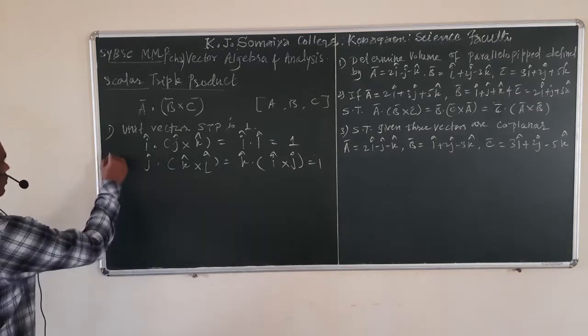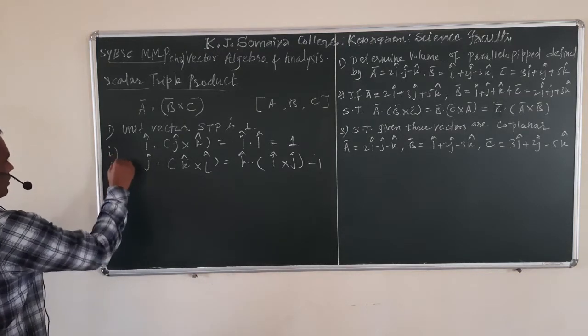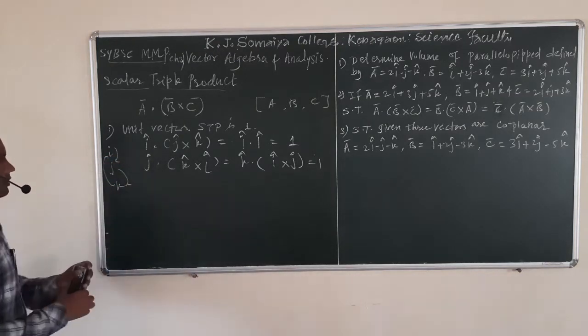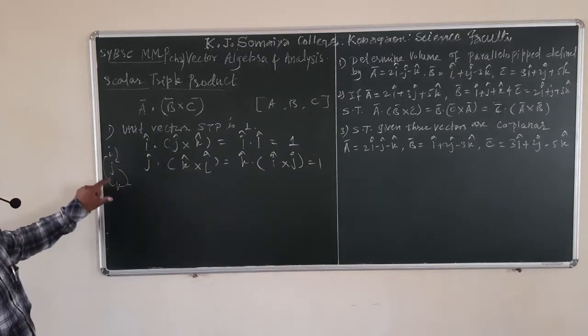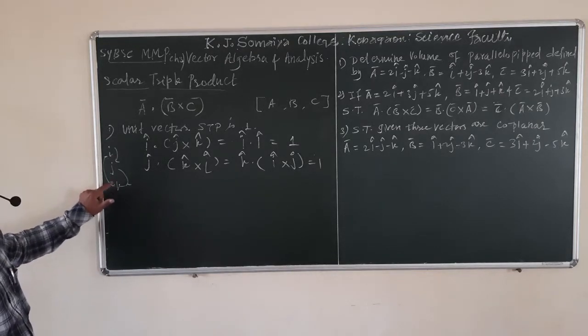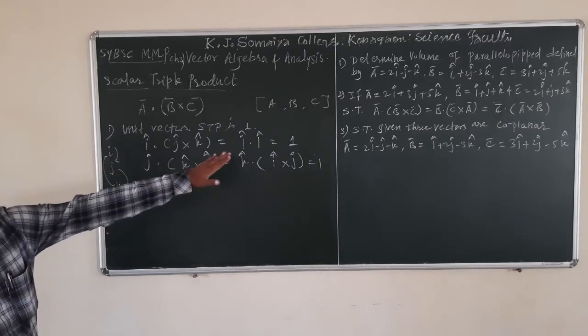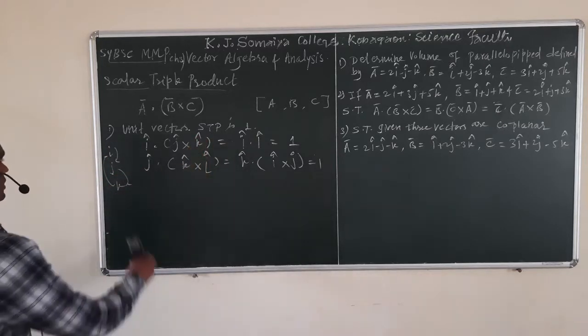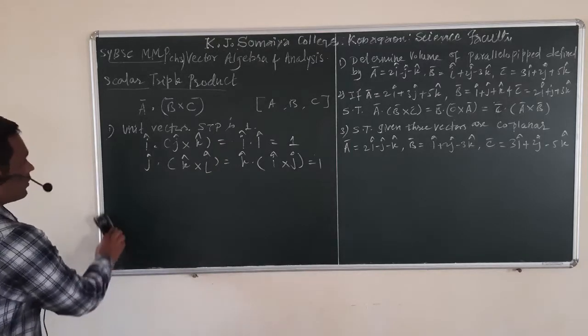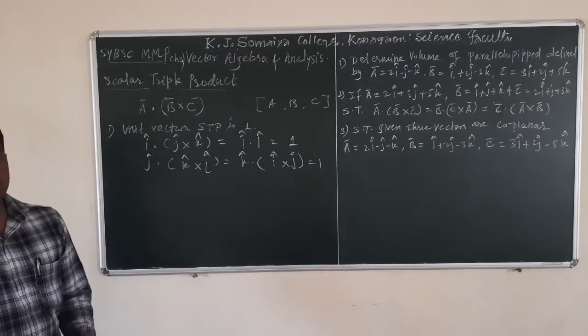Okay, so you know how to write out cyclic relation: i cap dotted with j cross k, j dotted with k cross i, k dotted with i cross j. Okay, so this is the first property of scalar triple product.